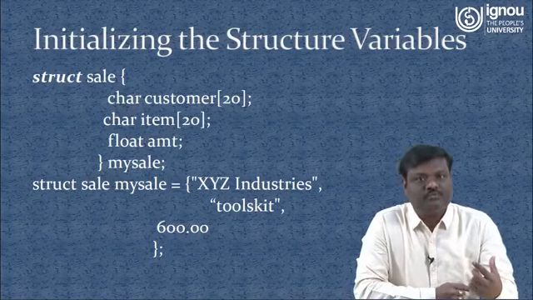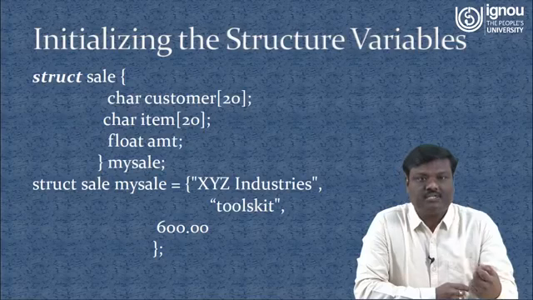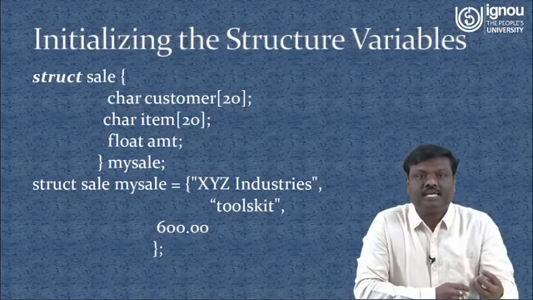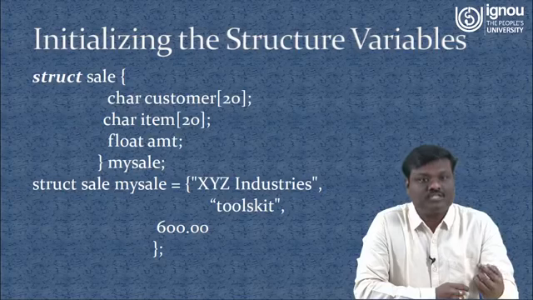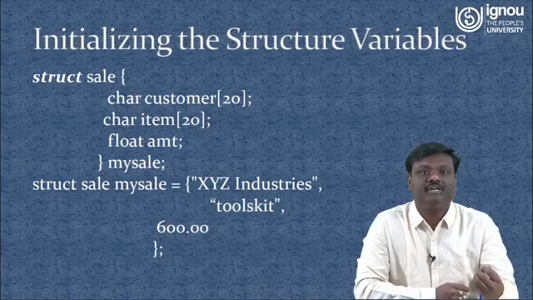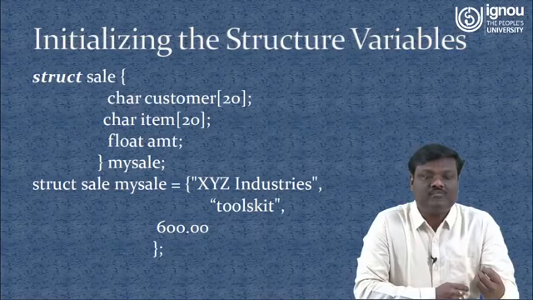In order to initialize my sale, you have to initialize 3 items: the name of the company or customer, item and then amount. The first 2 are character arrays, that's the reason why we put them in inverted commas. Whenever you want to initialize the structure variables, you have to initialize them in between curly braces.